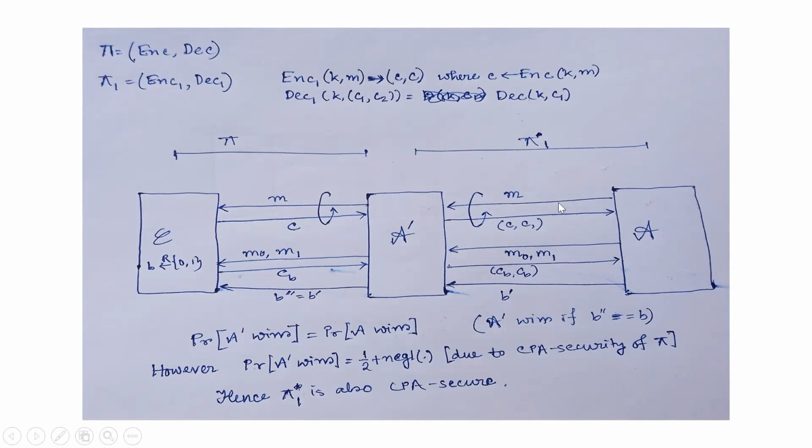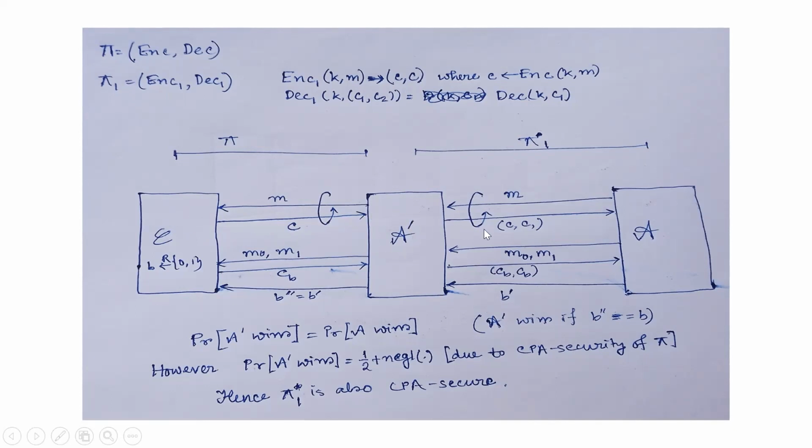The adversary A provides some message M to this adversary A dash, and A dash forwards that message to the challenger, and as the encryption algorithm of pi does, it just returns ciphertext C corresponding to message M and some key K. So the ciphertext is denoted as C and forwarded to A dash.